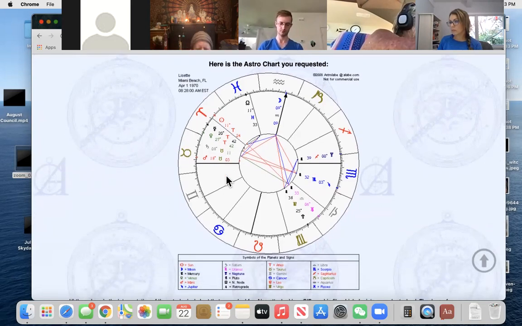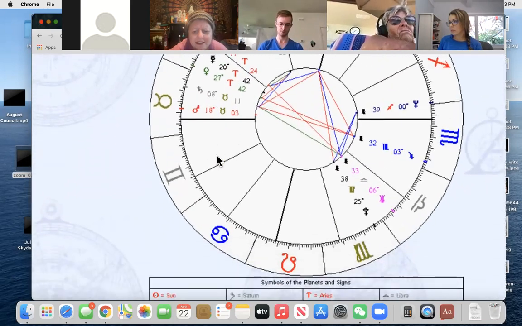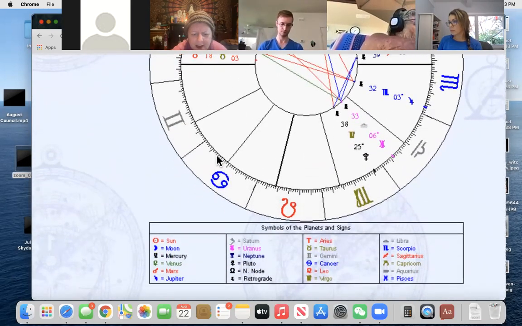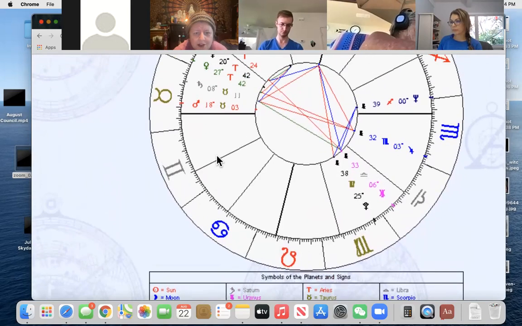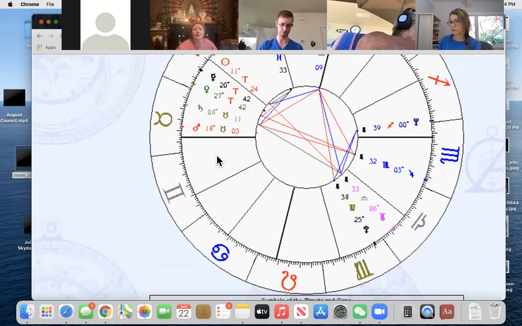Looks like you've got, what's that little glyph? I've got to make it a little bigger so I can see here. Looks like you have your Saturn in Taurus and your Mars in Taurus. Wow. So you've got in your 12th house, your Mars in Taurus, your Saturn in Taurus.